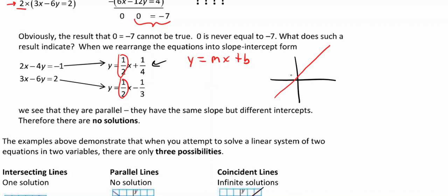The other one has the same slope, but it crosses down at -3, so it would go like this. Do you get an idea of why we have no solutions? These lines will never cross. If they have the same slope but different y-intercepts, then you have no solutions.